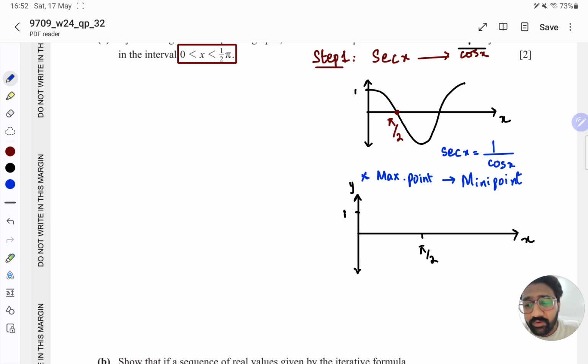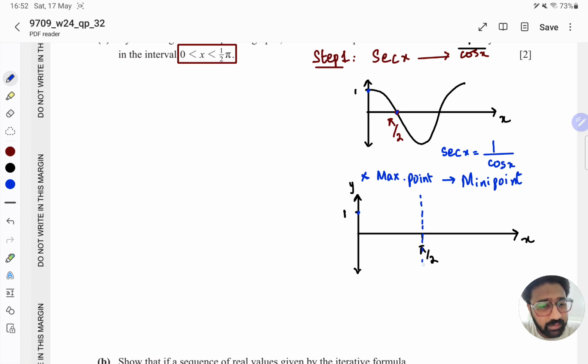Now look over here at this point, this is 1. So 1 divided by 1 is automatically going to be 1. But if you look at the next graph, at this point, pi by 2, we have the value 0. So 1 over 0 is going to approach infinity.